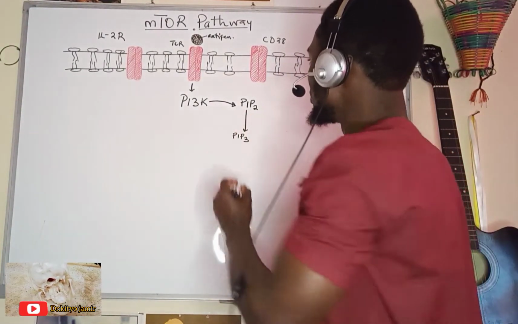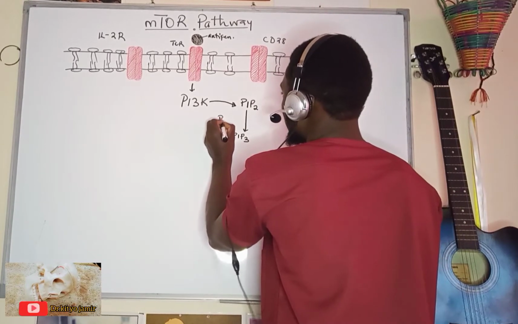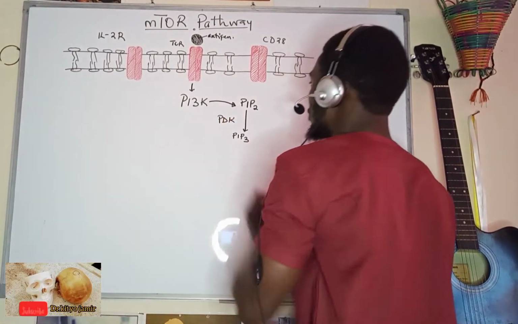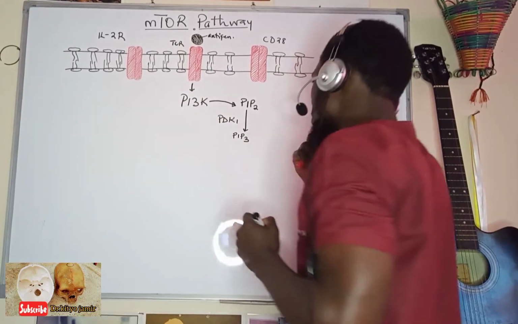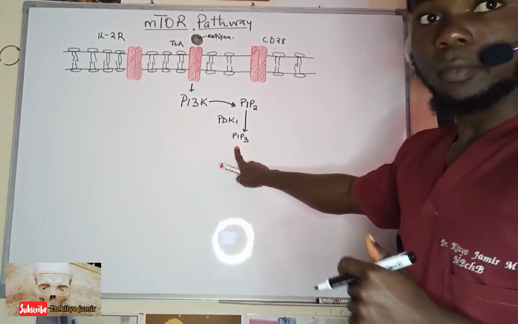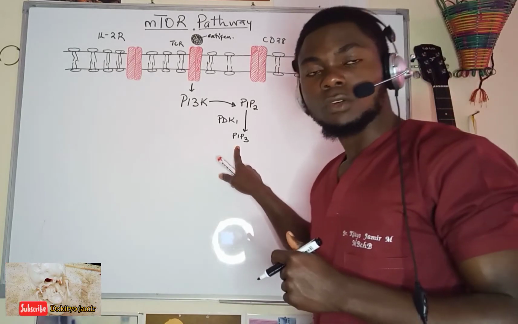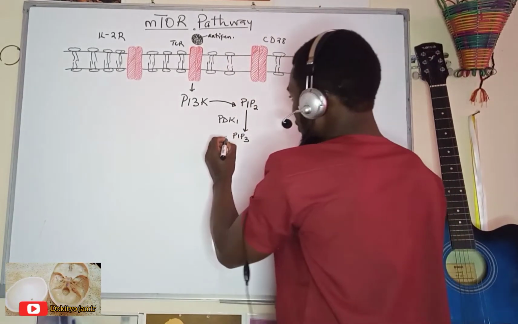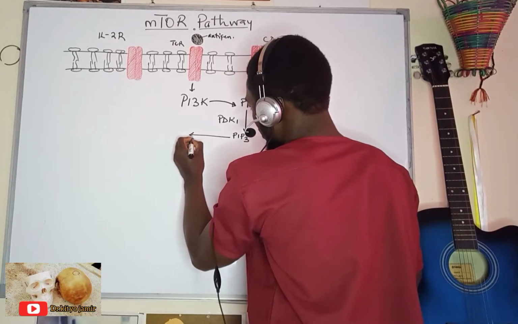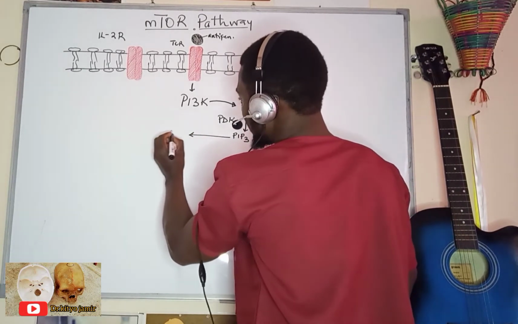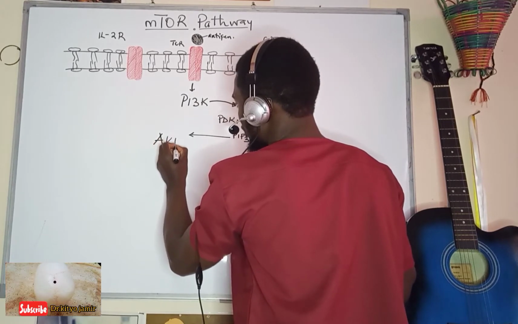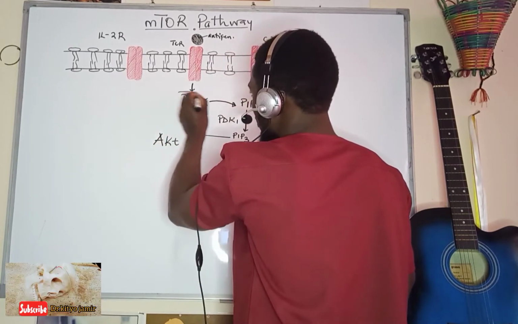The enzyme involved here is phosphoinositide dependent kinase 1. Once PIP3 is formed, what is going to happen next? We are going to have this PIP3 binding on protein kinase B.